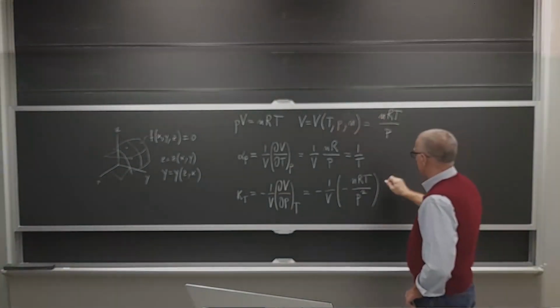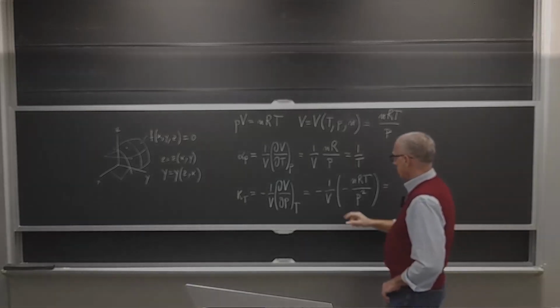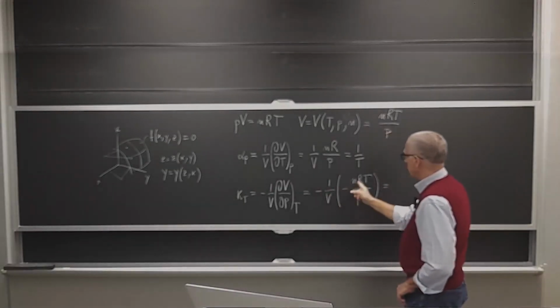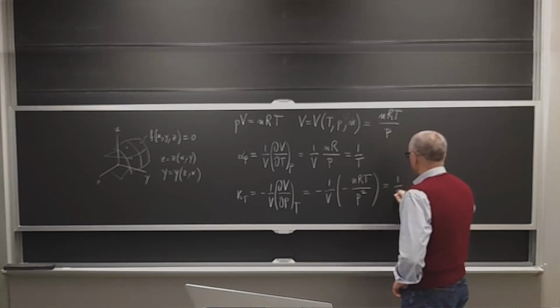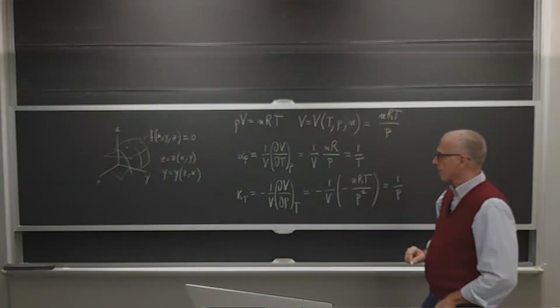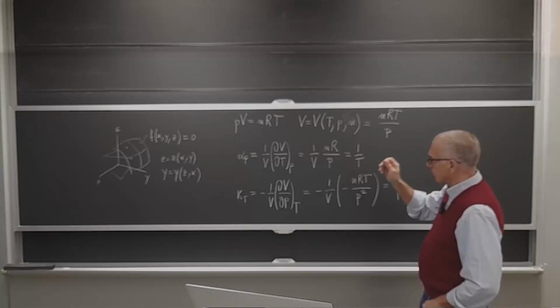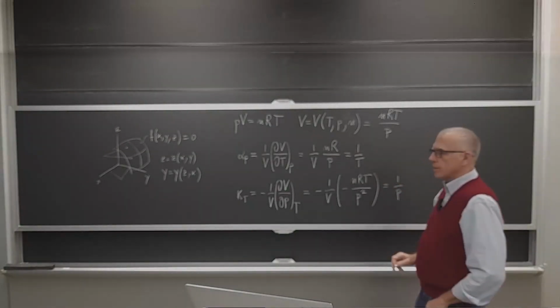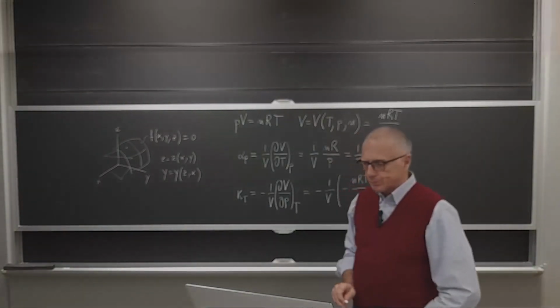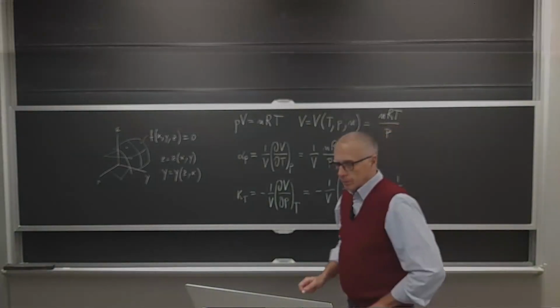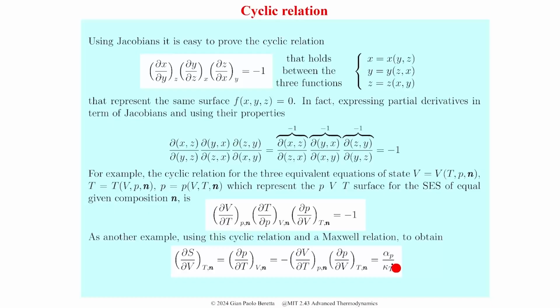I apply that again, and the minus goes away with the minus, the 1 over V goes away, I'm left with 1 over P. So alpha and kappa for ideal gases are relatively simple. And so this gives that derivative here is equal to P over T, okay, for a gas.